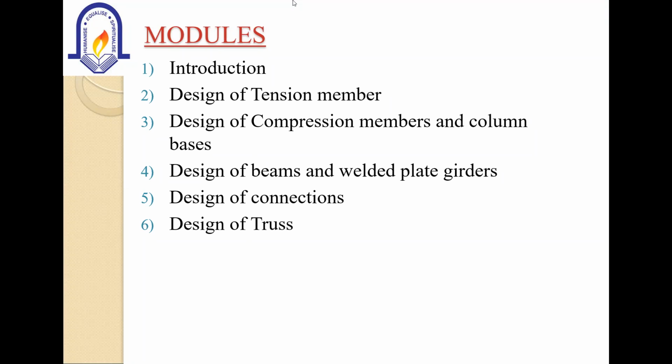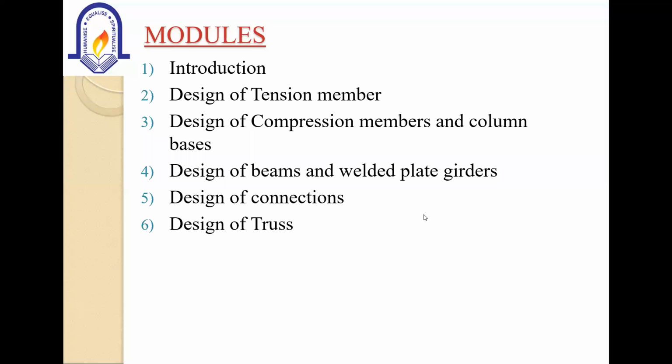And also with the IS code, you will require the steel table also. So you have to purchase the steel table from the market for referring, because we have certain values that are there from the steel table. So you have to refer both IS 800 2007 as well as the steel table.